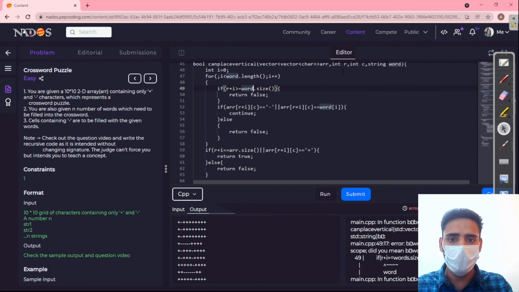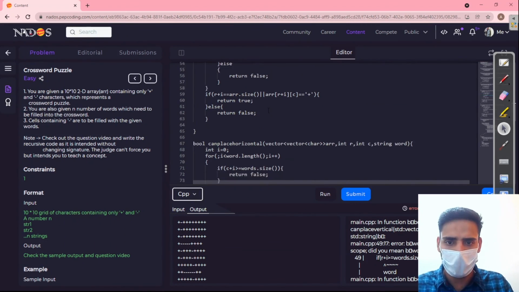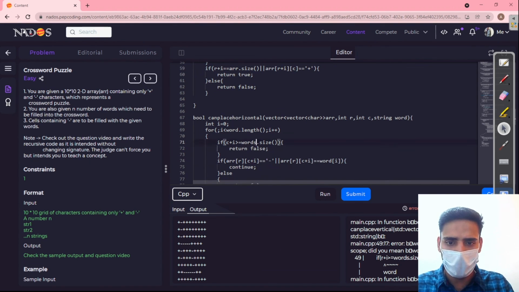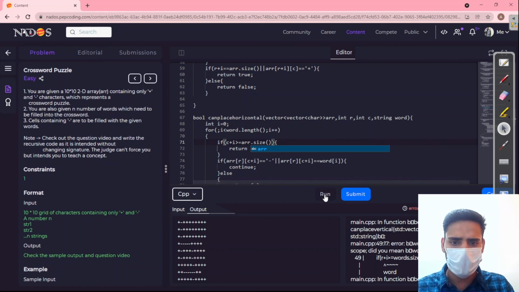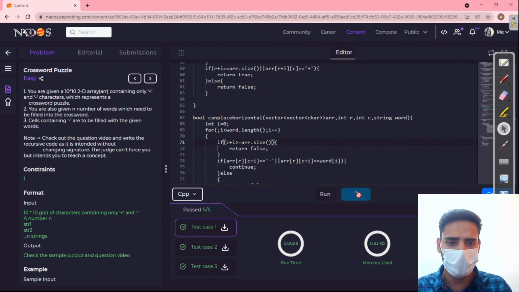So we have to check that as well. This is not the words, we have to check with the size of our array. So if it is here, it will be here as well. So this is done. Now let's run it. Yes, it is successfully accepted. Now let's submit it for all the test cases.